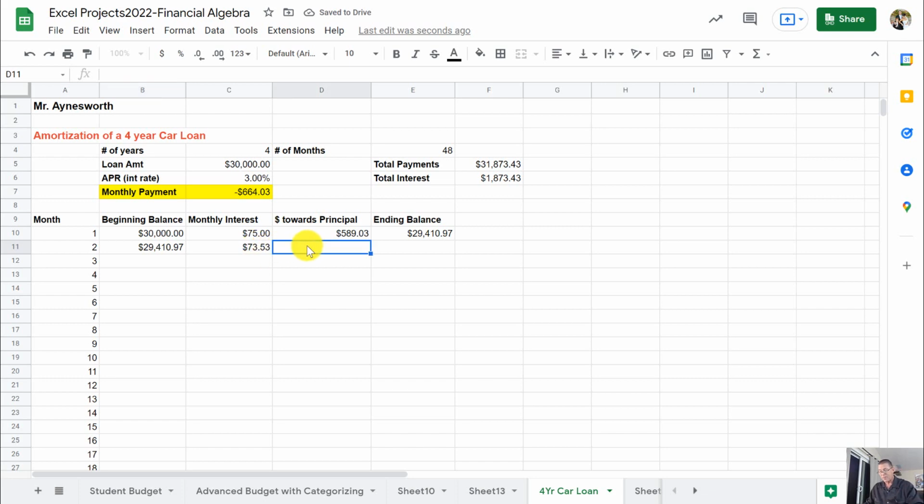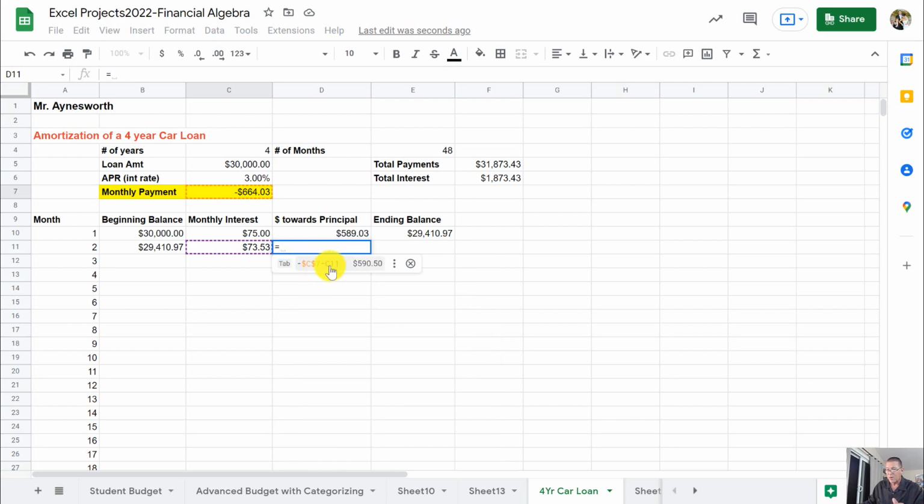And then over here on your principal, it's equal to the opposite of your monthly payment, so the opposite of C7, excuse me, not times. Let me start over here. The opposite of monthly payment minus C11. So the opposite of C7 minus C11.